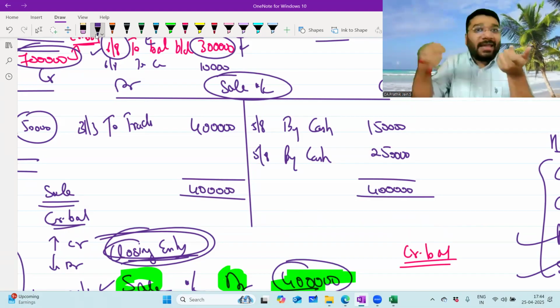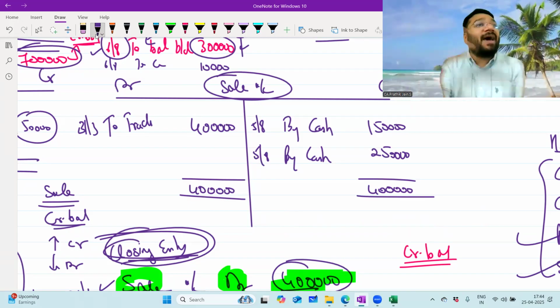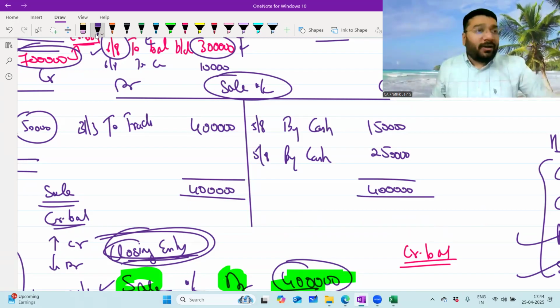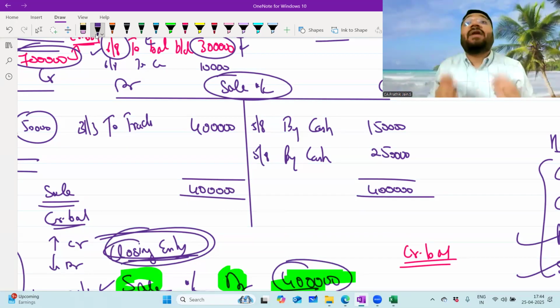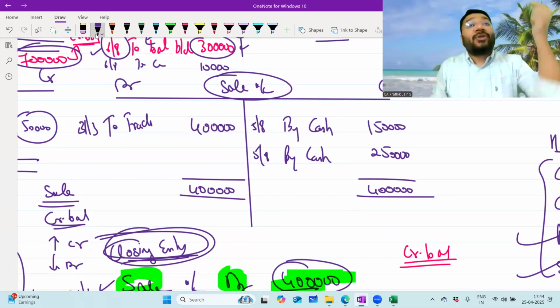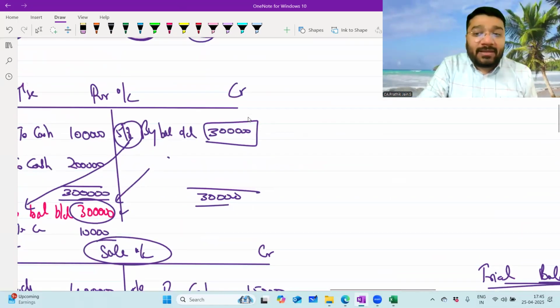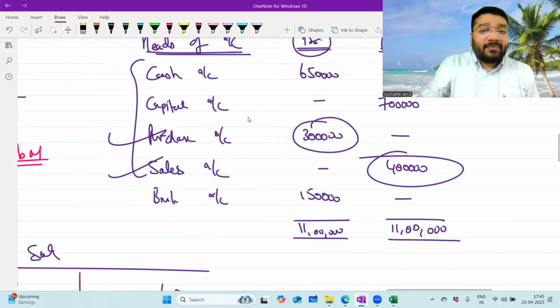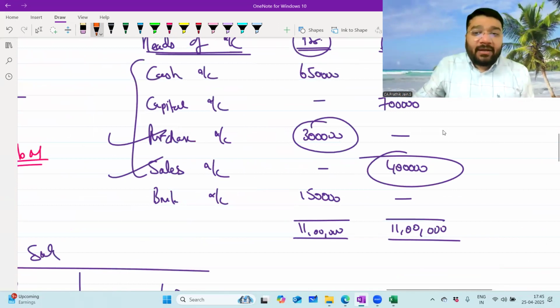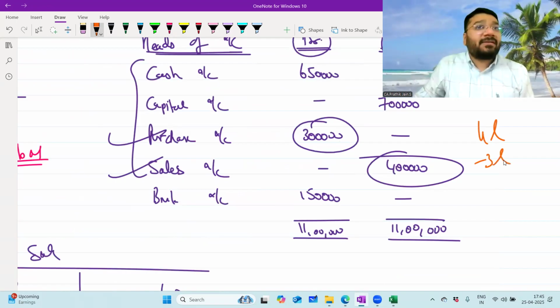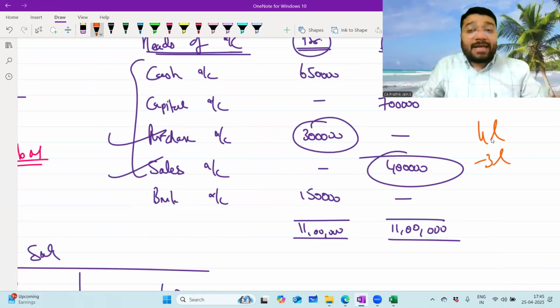Because all the income and expenses have been transferred to the trading and P&L. And what is the end result of trading and P&L? Net profit or net loss. So in the draft trial balance 2, what will be visible? The purchase of 3 lakh will go away. So what is my profit here? 4 lakh sale, 3 lakh purchase.